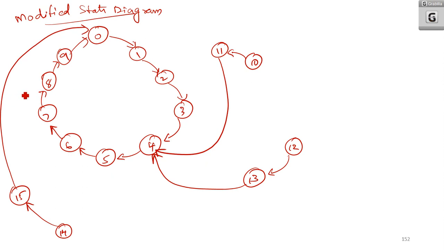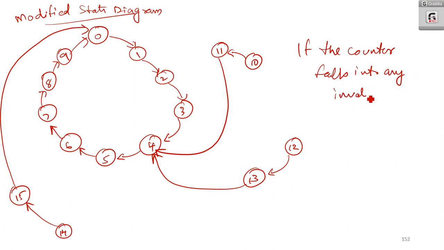So what does that mean? If the counter falls into any of the invalid states, then what happens? If invalid state 12 is coming, it will go to 13, then it will go to 4. If it is coming to 10, it will go to 11, then it will go to 4. If it is 14, it will go to 15, and then it will go to 0.